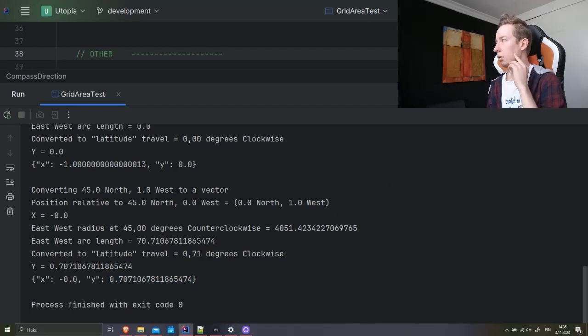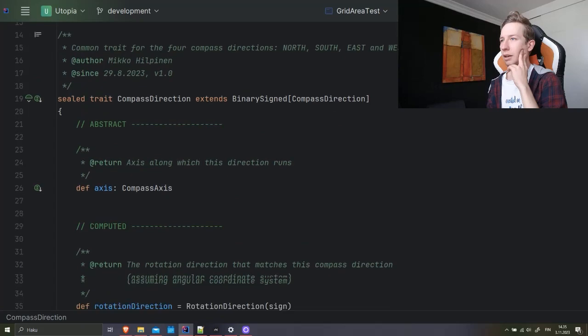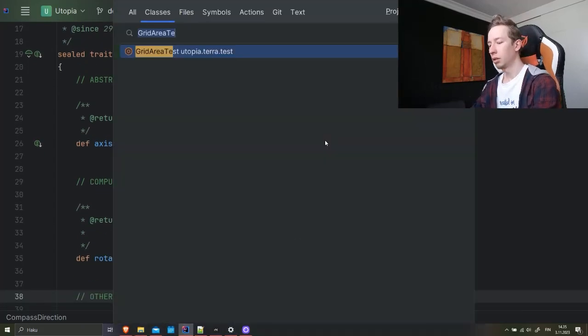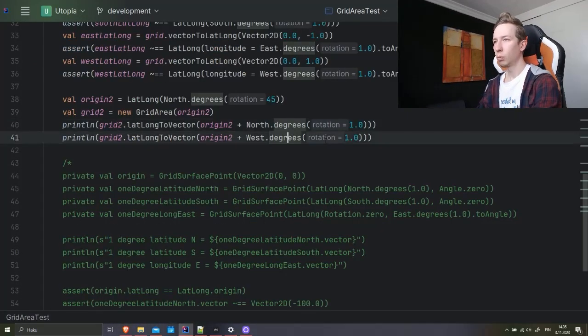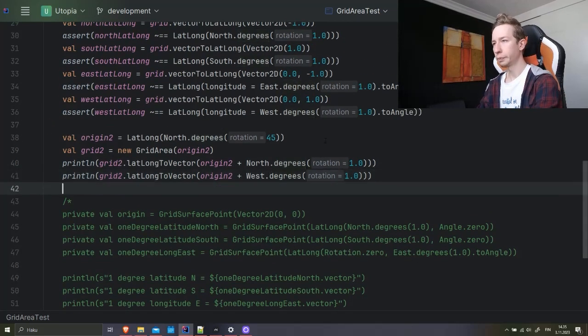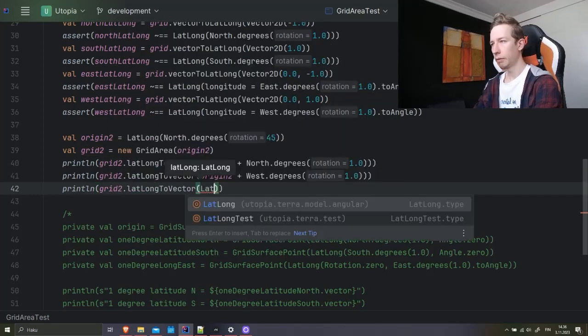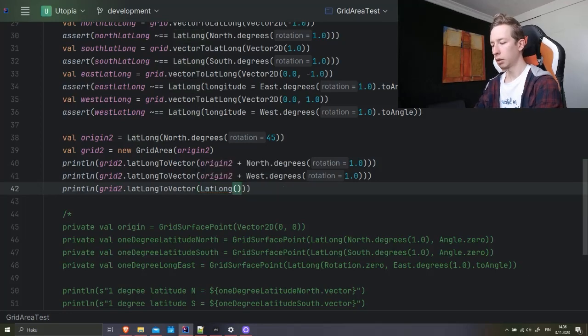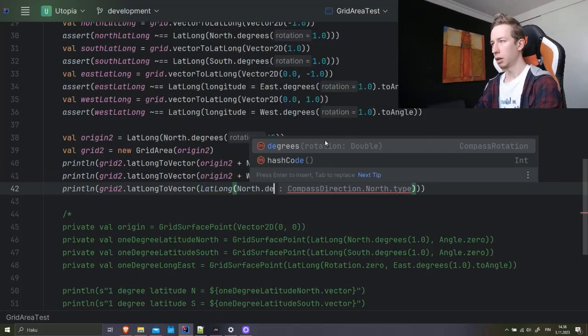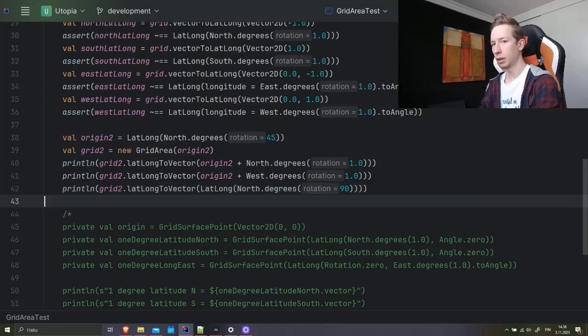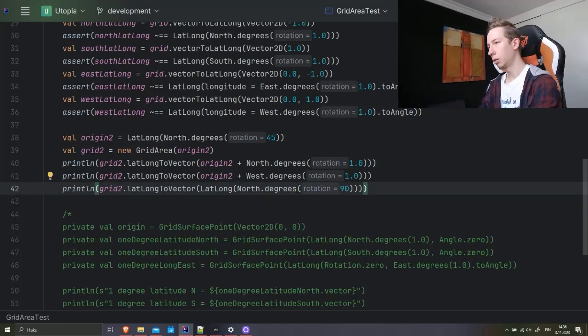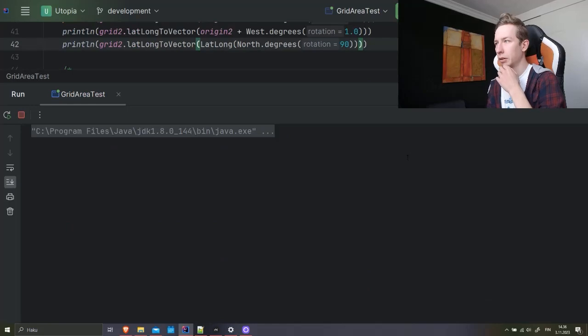We could add, let's add for fun, what happens if we have this to lat long. We have lat long of 90 degrees north. That should be at the pole. So let's add that at the end. That should be 0.